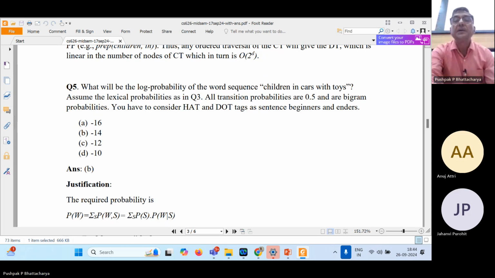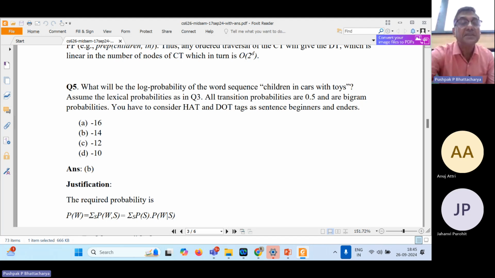So here you have to imagine a hat before the beginning of the sentence, and the sentence is correctly parsed, because it is referring to question number 3, where the parse tree is given, which means the parts of speech tags are also given, and the lexical probabilities are given. So you have to imagine a hat here in the beginning.